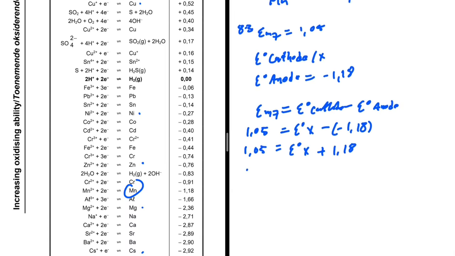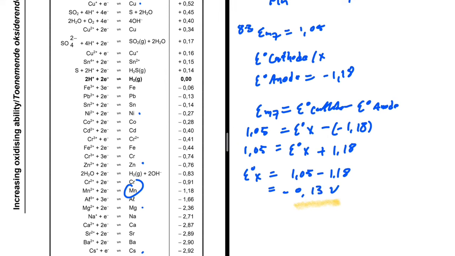So 1.05 equals the reduction potential of X plus 1.18. So the reduction potential of X equals 1.05 minus 1.18, which is more like saying 5 minus 18. So we get minus 0.13 volts as our reduction potential at the cathode.